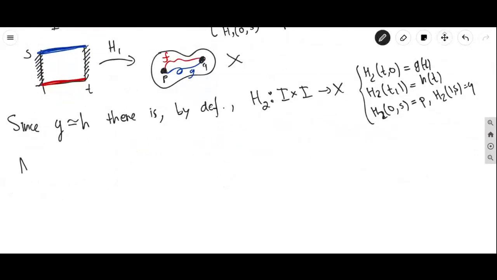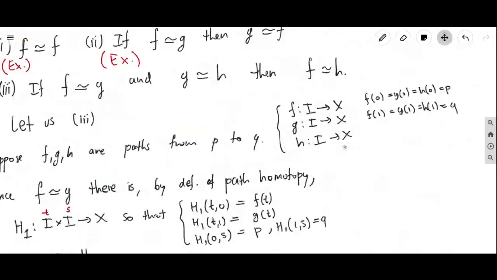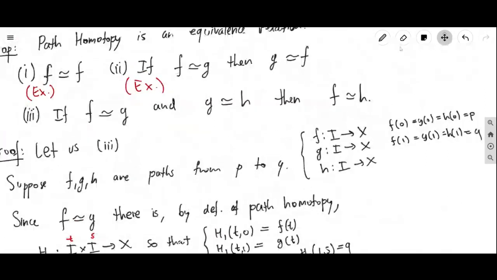So now construct the following mapping. What's the idea of this mapping?